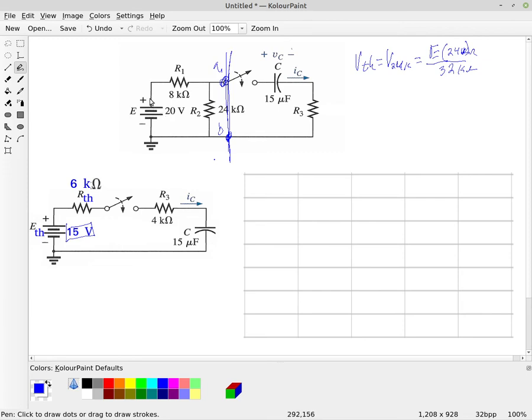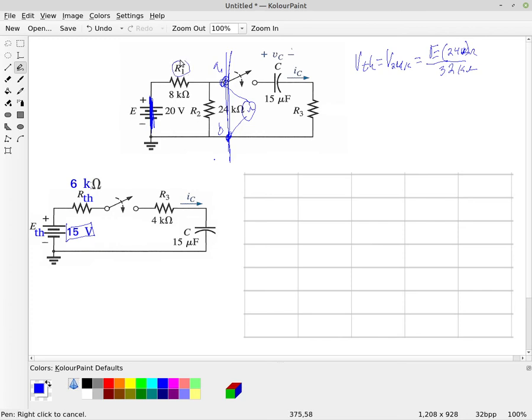Remember, to determine R Thevenin, what you would do is short out the voltage source, and you would calculate the resistance if you were to connect an ohm meter to points A and B here and measure the resistance.